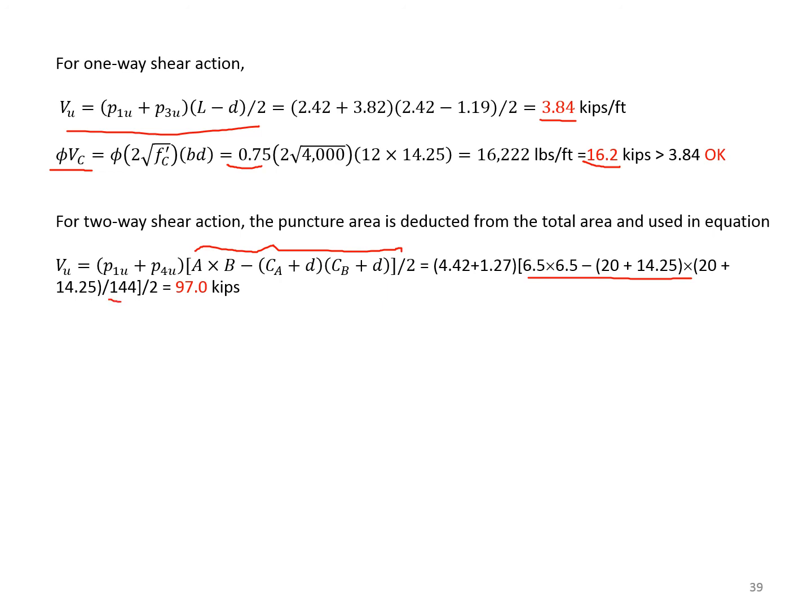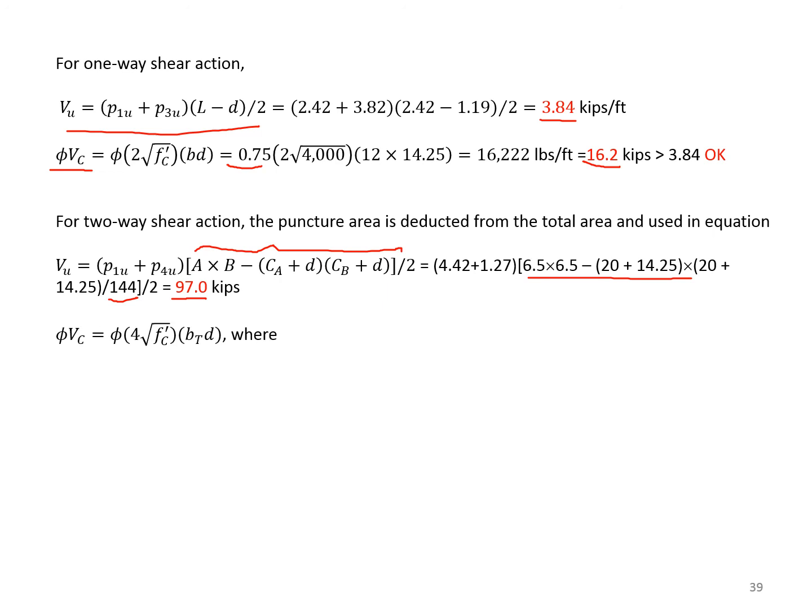I divided by 144, which is 12 to the power of 2, to have everything now computed properly. And the unit for this one is kips or pounds. 1 kip is equal to 1,000 pounds. Again, for our foreign viewers who are outside of the United States.